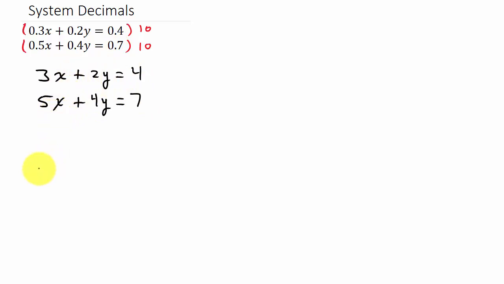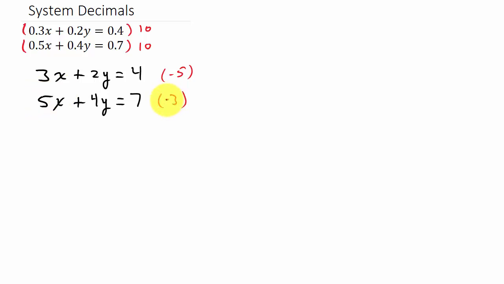Here we're going to use the addition method to solve the system. When I add the equations together, I want one of the variables to go out. I could multiply the first equation by -5 and the second one by 3. That would give me negative 15x and a positive 15x, and when I add, the x's would go out.